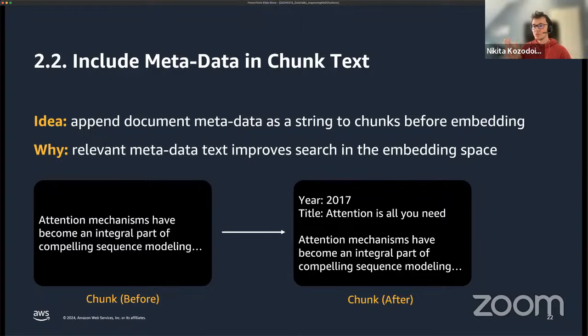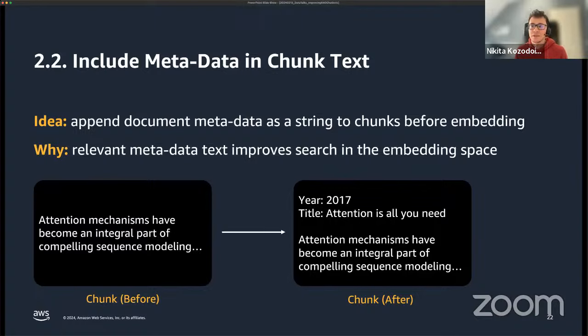You can notice how I illustrate this on the slide. On the left-hand side, this is a chunk without metadata. And on the right-hand side, this is a chunk that also contains the metadata essentially as a string that is appended to the chunk text.